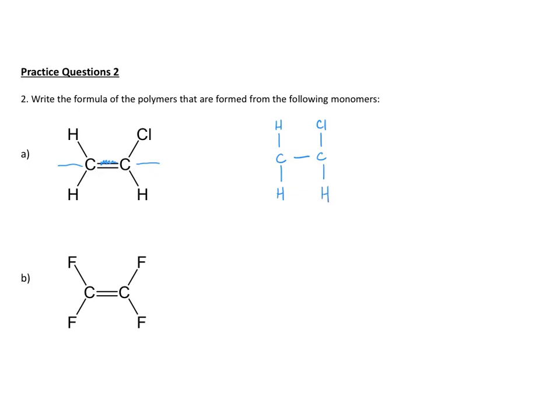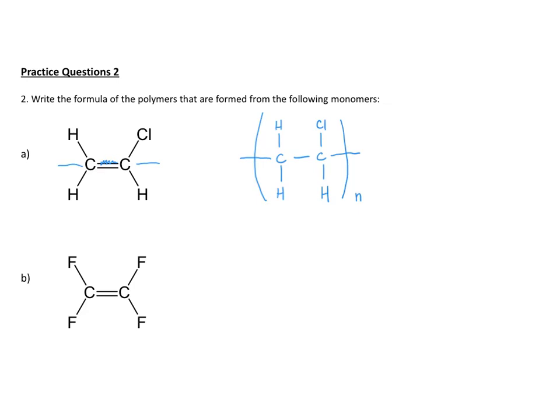Then we will show that the carbon atoms are forming bonds with other monomers to form that long polymer. And since this is a repeating unit, we will not draw this multiple times, but we will put it in a bracket and write N to represent that there will be many repeating units of this section.